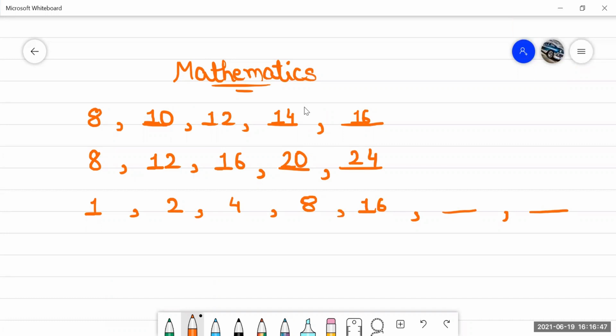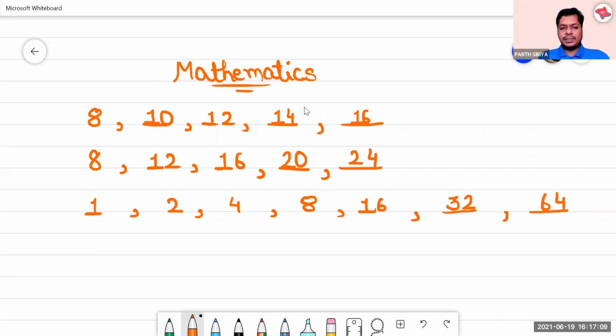Very good. How did you get that? By adding them. Like 1 plus 1, you got 2, 2 plus 2, 4, 4 plus 4, 8, 8 plus 8, 16. Correct? Yes. That's 32. What would be the next number? 64.